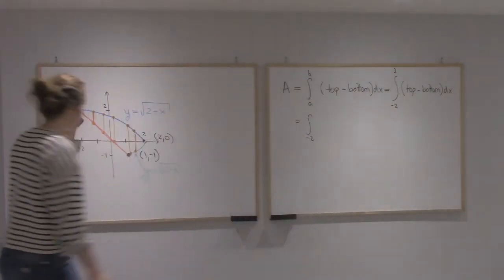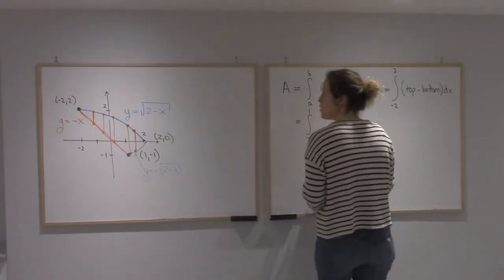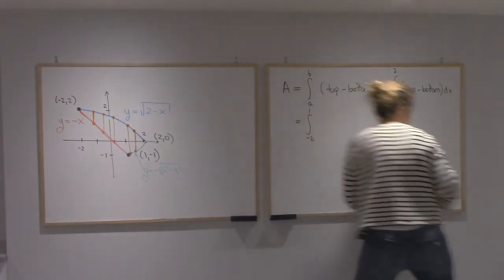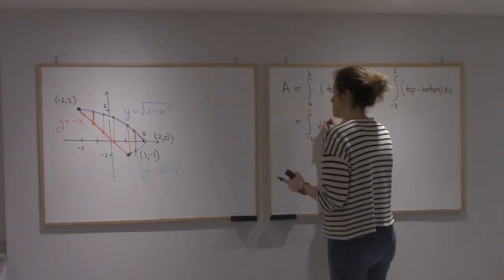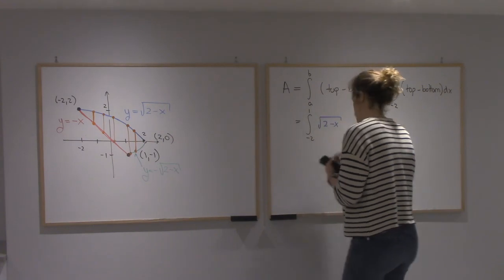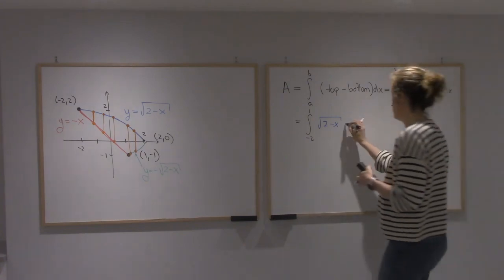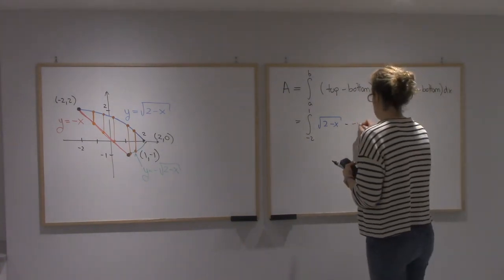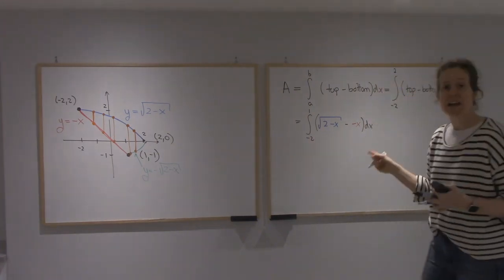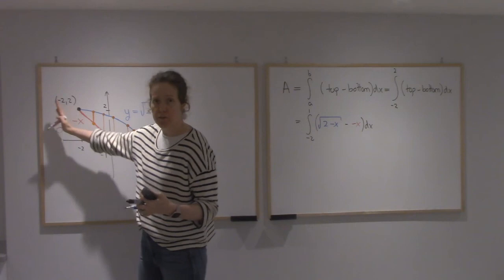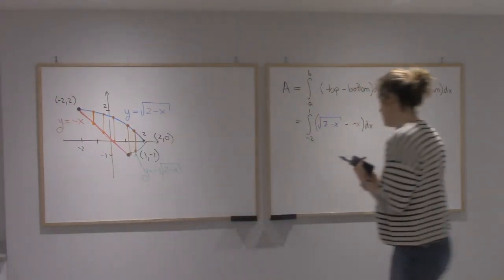I'll go from -2 all the way to 1. So top would be blue, and bottom will be red. So that integral will give us the area of the part of the region that's on the left of x equals 1.